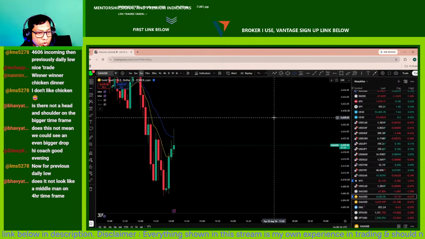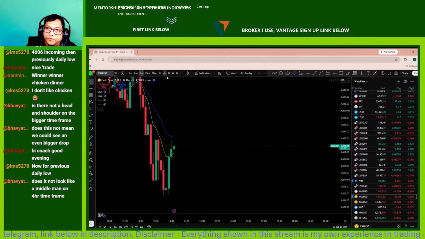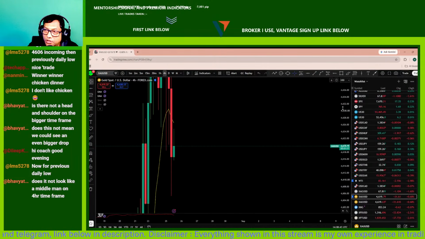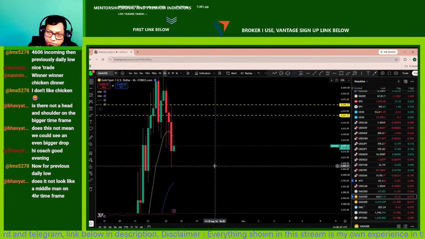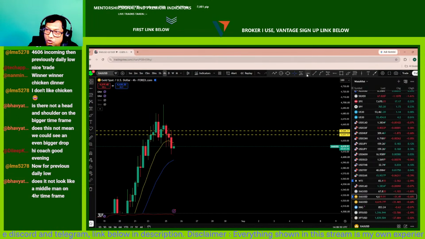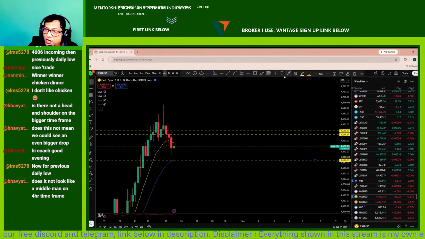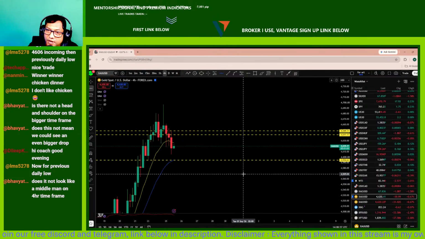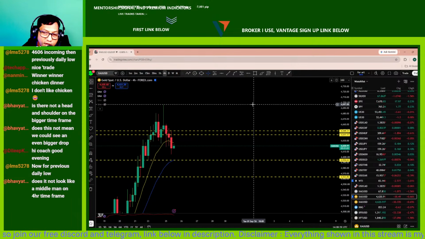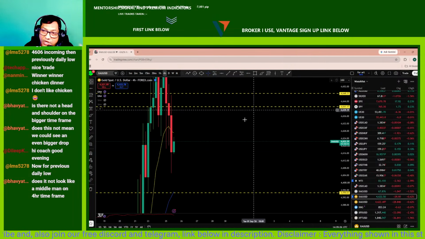Okay, so that's what we are seeing at the moment. Does it not look like a middleman on the 4-hour time frame? Yeah, this is what you can see here. It can drop further, back below or around this area, before it finally goes back to that level. However, I'm looking for another wave of move, and this is very important, always looking for the best entry point.